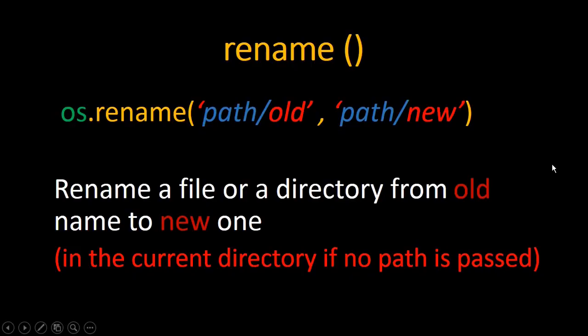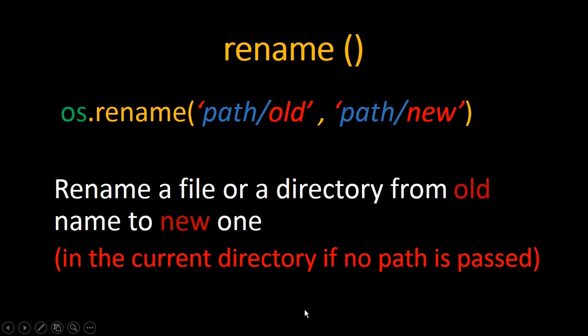And for the final function we have rename, and this rename is used for files and for directories or folders, and it's used, as you can see here, you put the first parameter as the old name, then comma, then the new name you want to name your folder or your directory with.